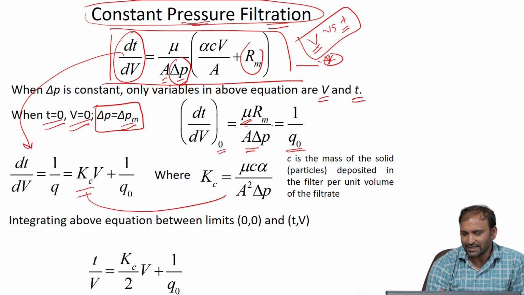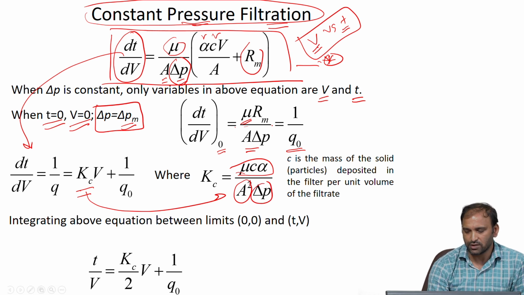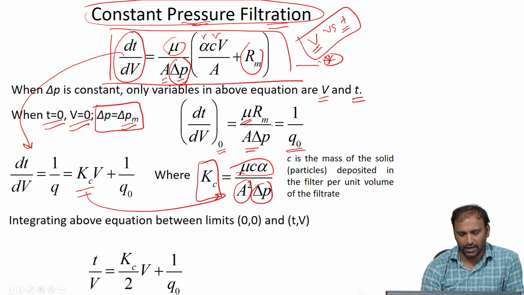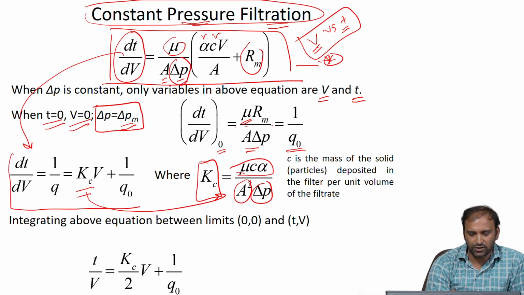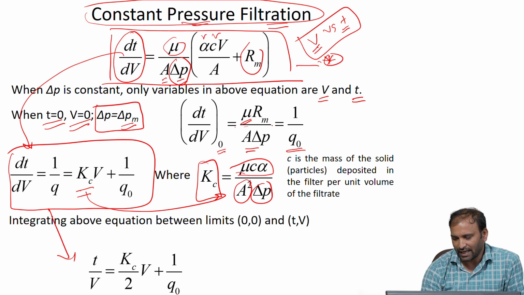I have defined a constant Kc, which is mu multiplied by c alpha as the numerator, divided by A square into delta P, and because delta P is constant, that is included in this constant Kc. I can integrate this equation further, and then put in the limits at time t equal to 0.